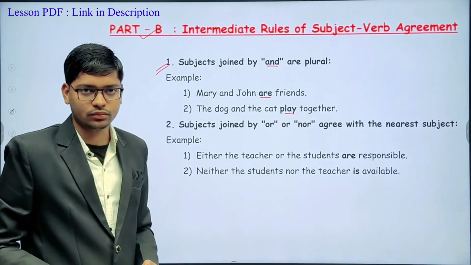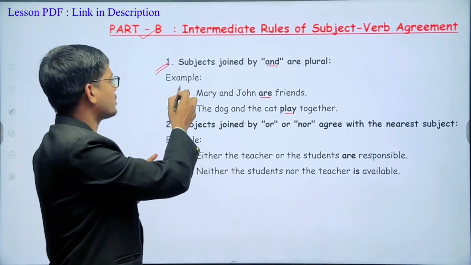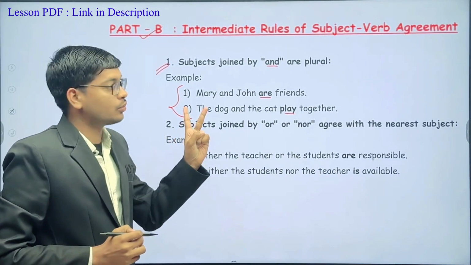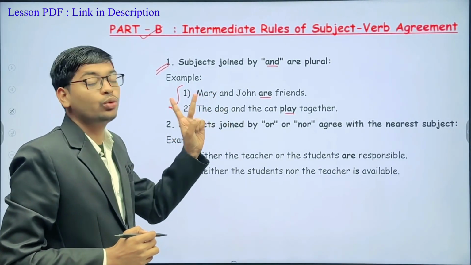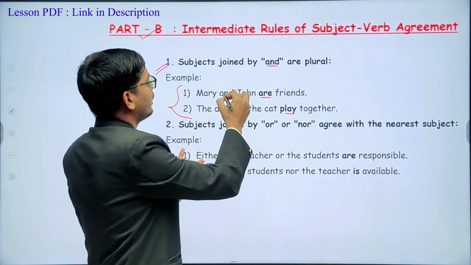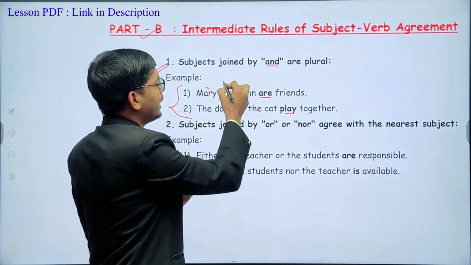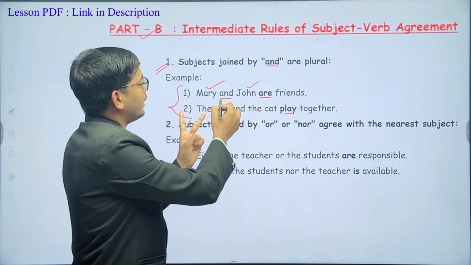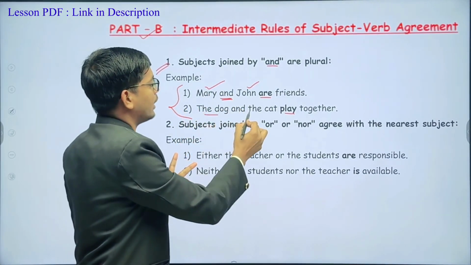In these examples we have two subjects joined by and: Mary and John, the dog and the cat.